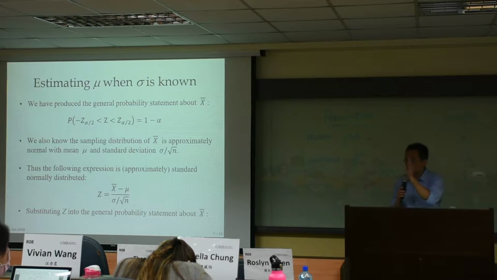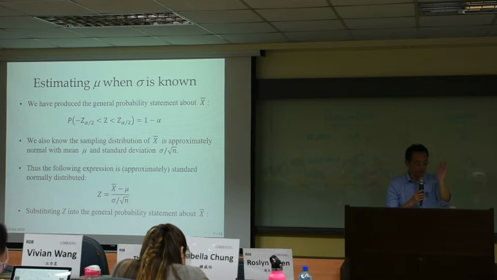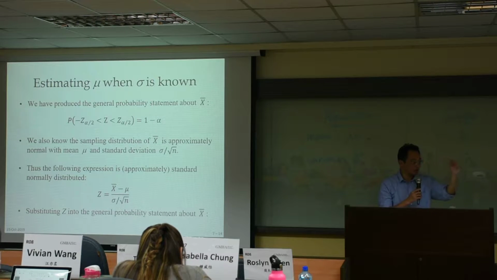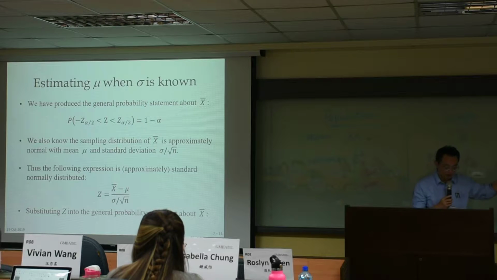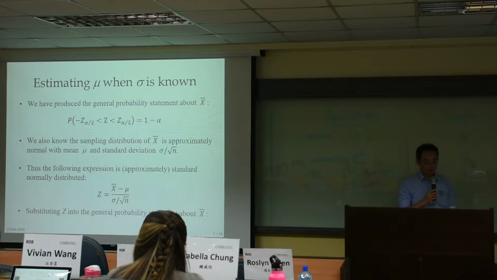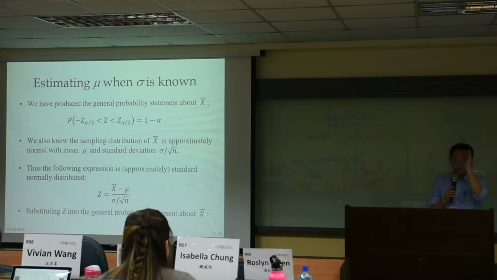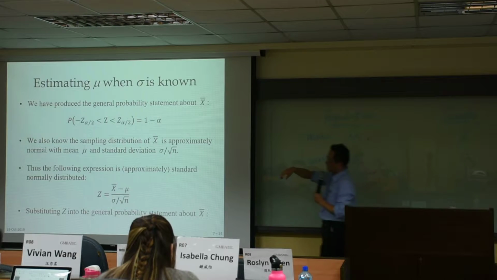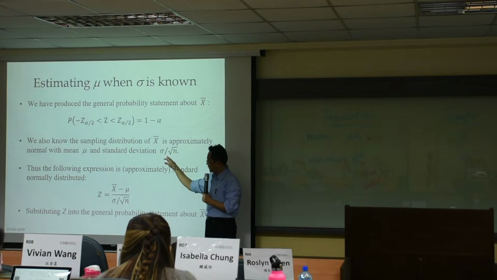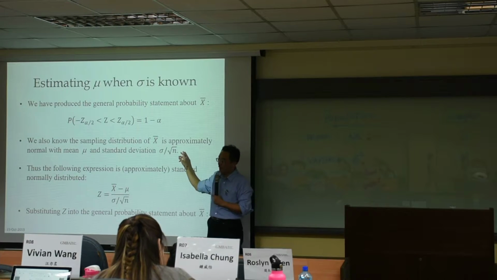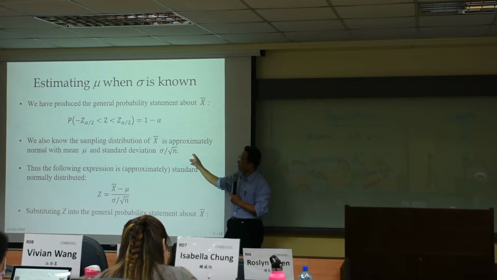Based on the central limit theorem, the sampling distribution of x bar will be approximately normal, and the mean will be mu and the standard deviation will be sigma over square root of n, where n is the sample size.